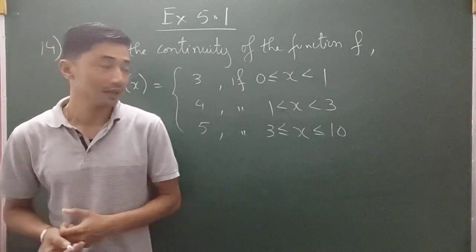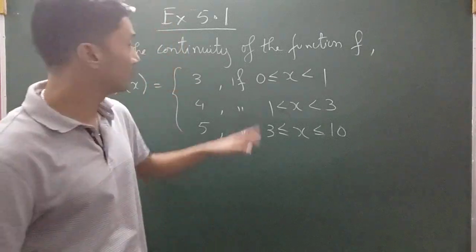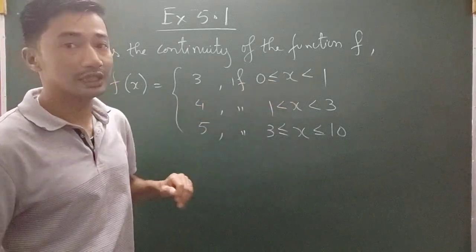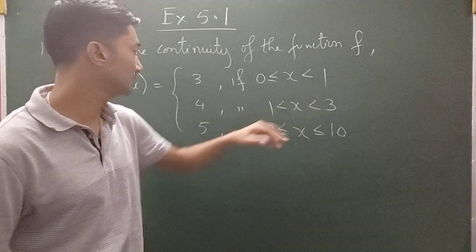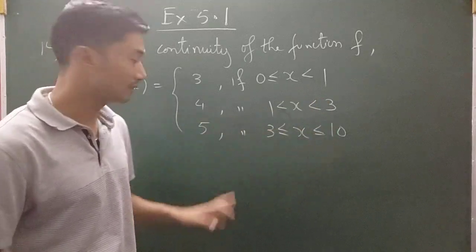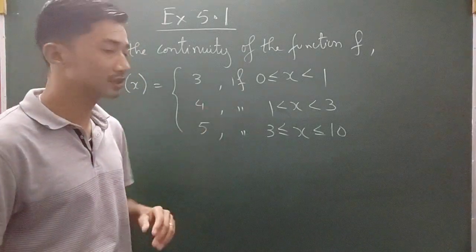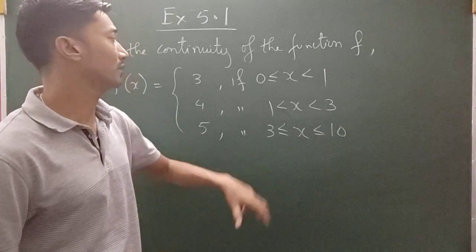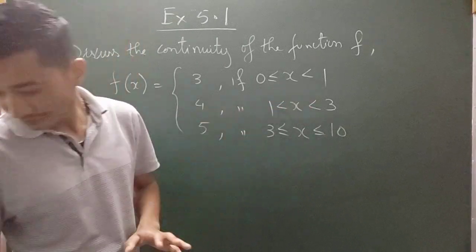It is clearly given that for any value greater than 0 and less than 1, the function is 3. For any value greater than 1 and less than 3, the function is 4. For any value greater than 3 and less than 10, the function is 5. So these are constant functions, so definitely they are continuous. But what about at the points, at x equal to 1?